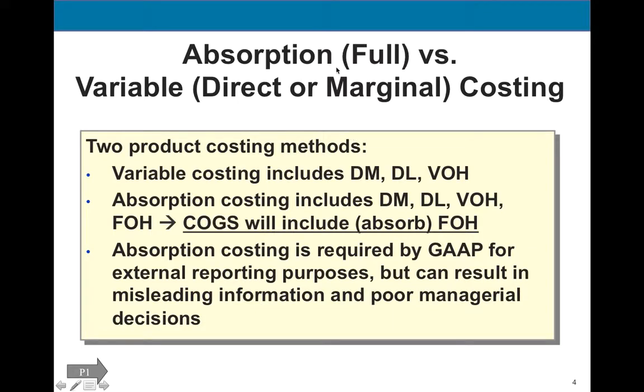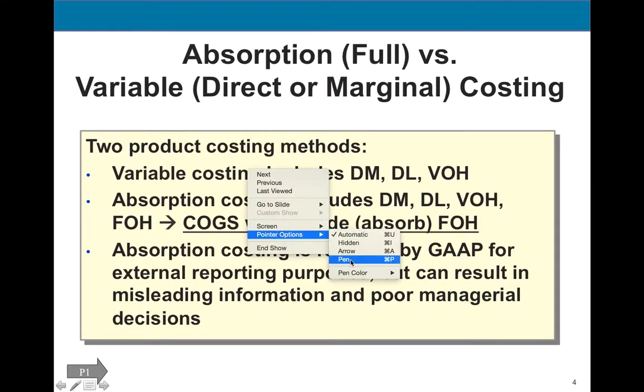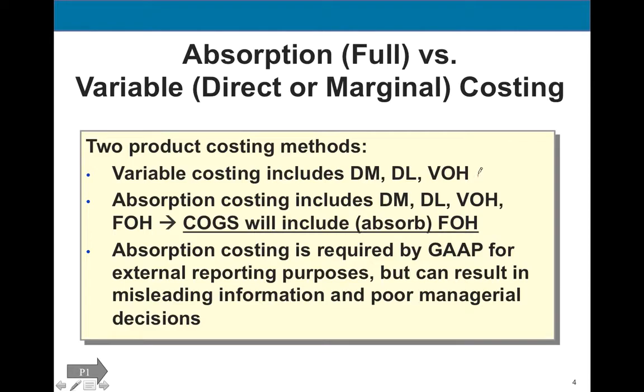This slide talks about the same thing. We use variable costing, non-GAAP. This is not GAAP, this is just internal. So under variable costing, we're going to classify fixed overhead as a period cost. If you look here under variable costing, we include direct materials, direct labor, and variable overhead.